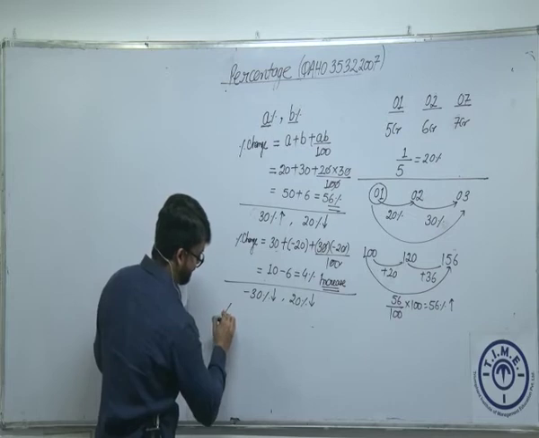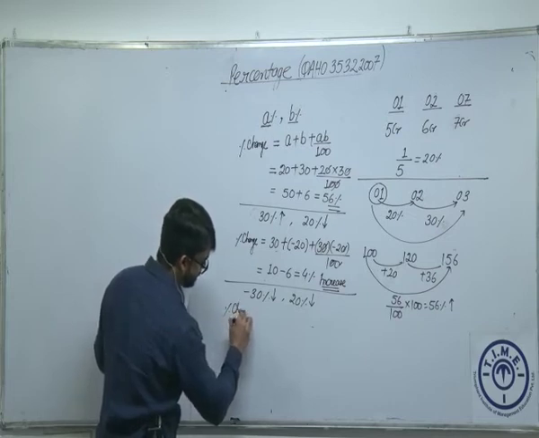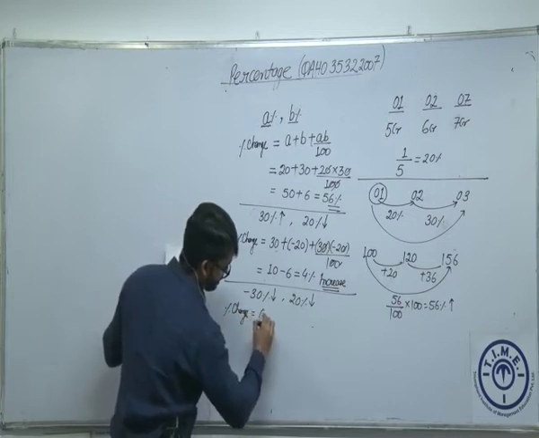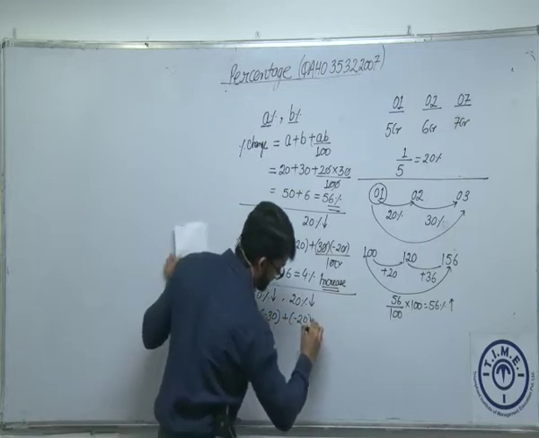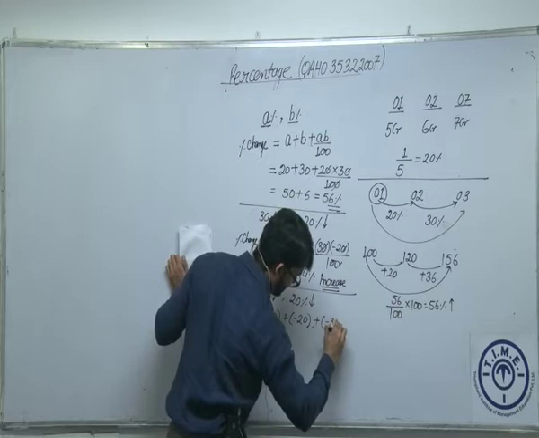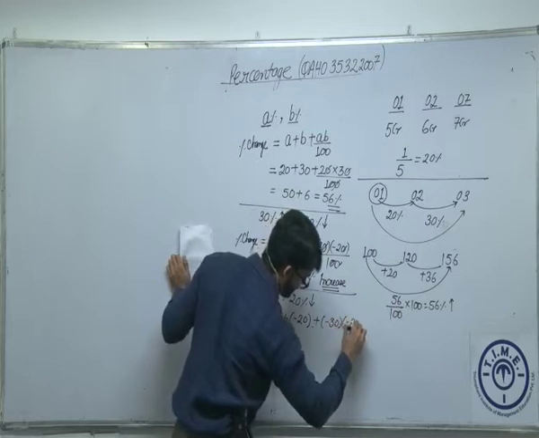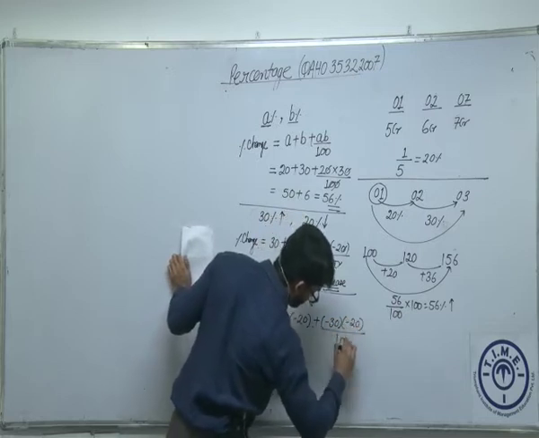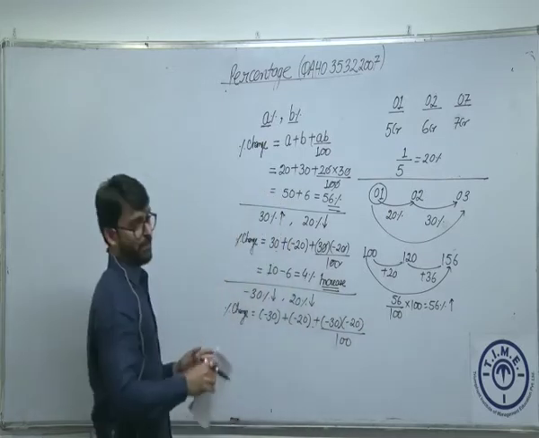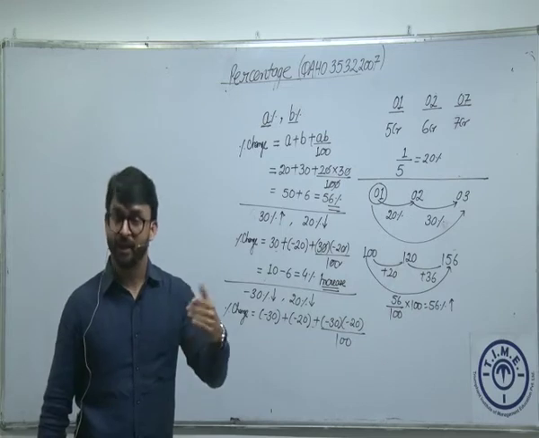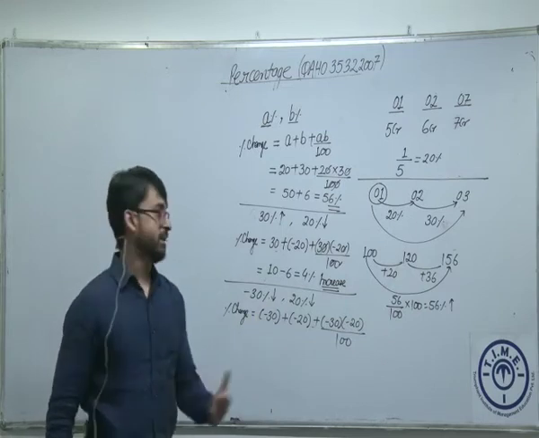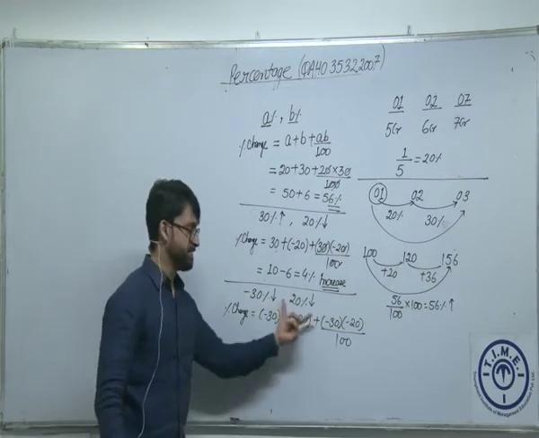Again, the percentage change will be minus 30, minus 20, plus minus 30 into minus 20 divided by 100. Now obviously, if something is reducing in succession, it will reduce finally, but how many percent? That is not the summation of these two things.